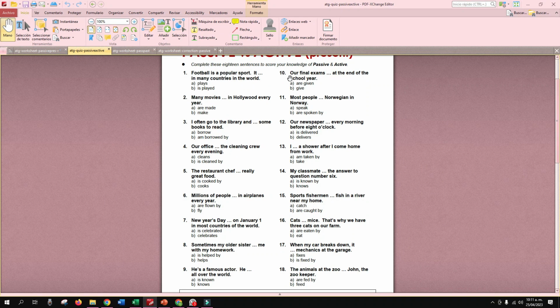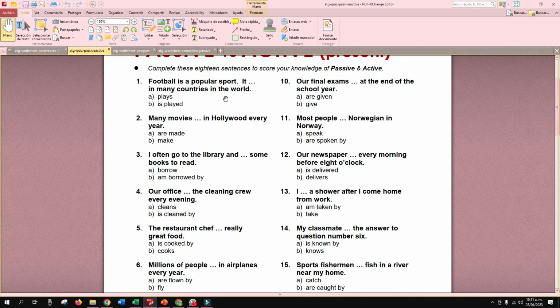It says complete the 18 sentences to score your knowledge of passive and also active voice. So we need to choose the correct structure. We're going to read the sentences and decide if that needs an active structure or a passive one. So let's see number one.